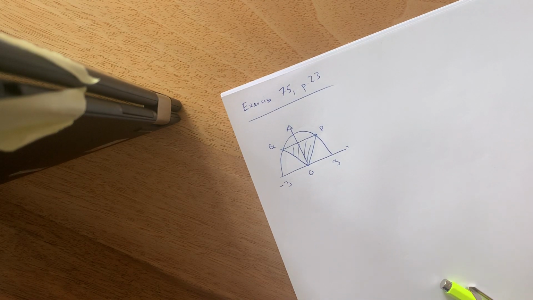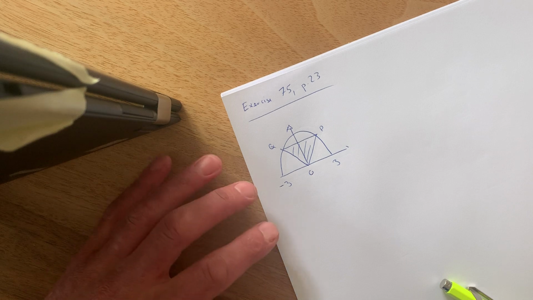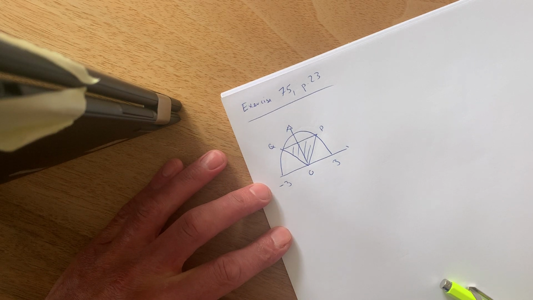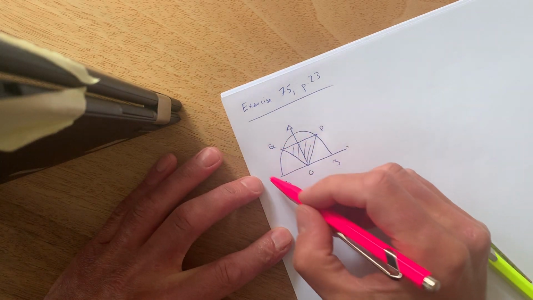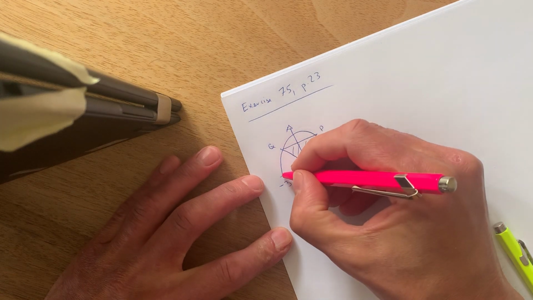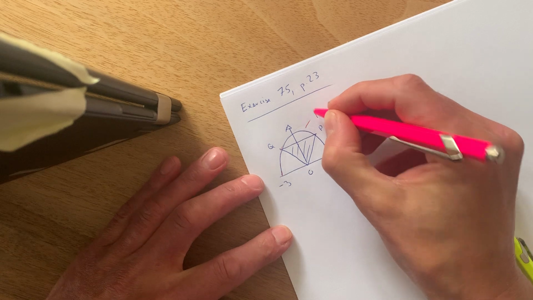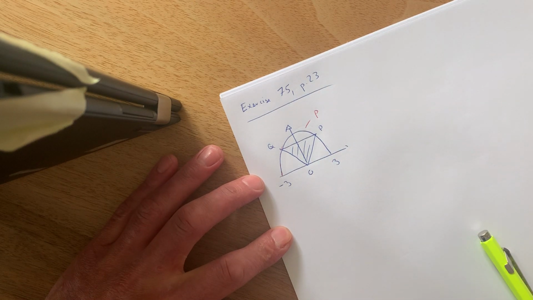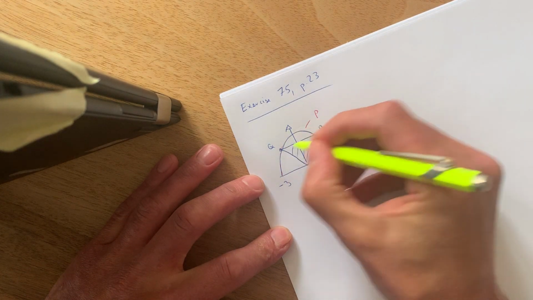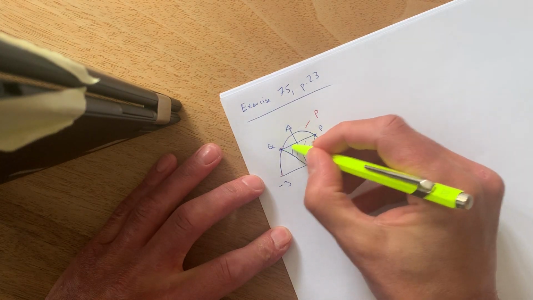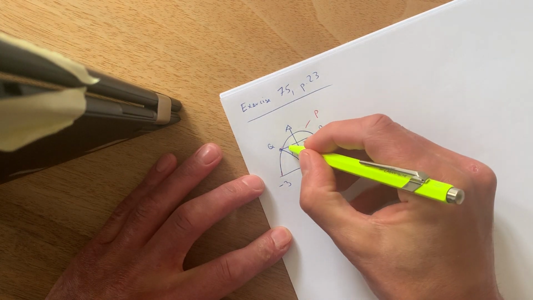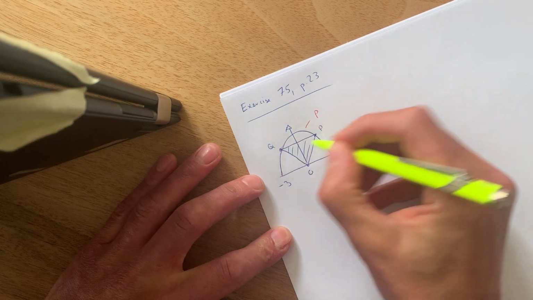So this is exercise 75 on page 23. In this exercise we are dealing with the following situation. You see here on the one hand we have a parabola, let's call that parabola P, and here we have a triangle inscribed into that parabola, the triangle OPQ.